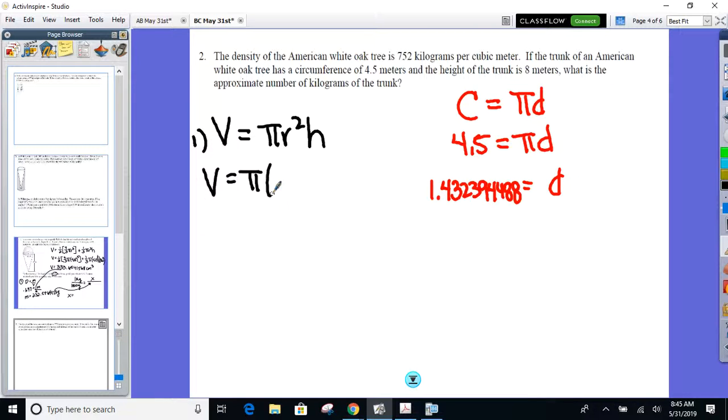Pi, and when you cut the diameter in half, we got 0.71619 72439, squared, and they gave us the height of 8.